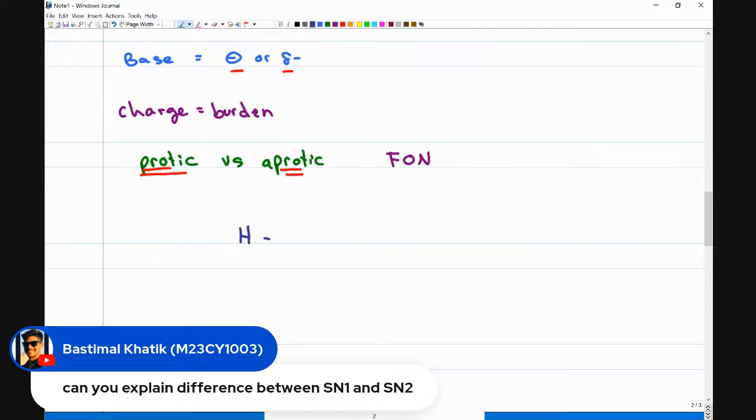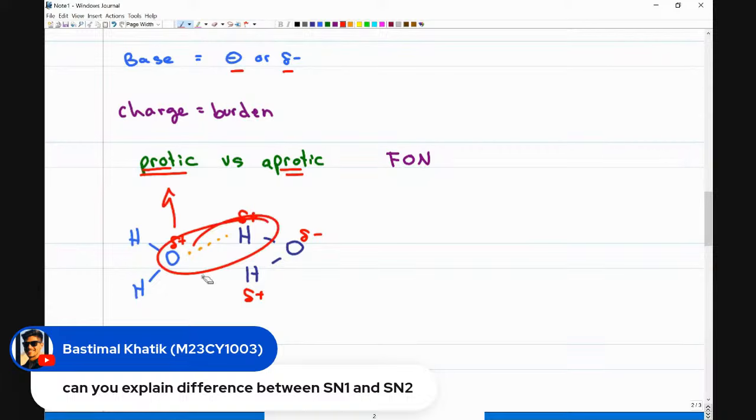So for example, if I have water, oxygen is so partially negative and hydrogen so partially positive that if I bring another water molecule nearby, they are going to be very strongly attracted to each other because of those partial charges. This is a protic solvent. It has a proton available, a proton donor for hydrogen bonding because it's an oxygen or nitrogen, in this case an oxygen, bound to hydrogen.